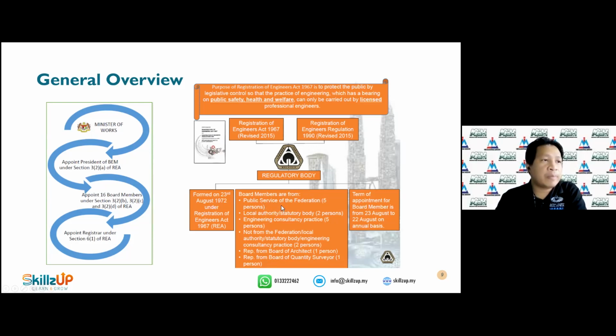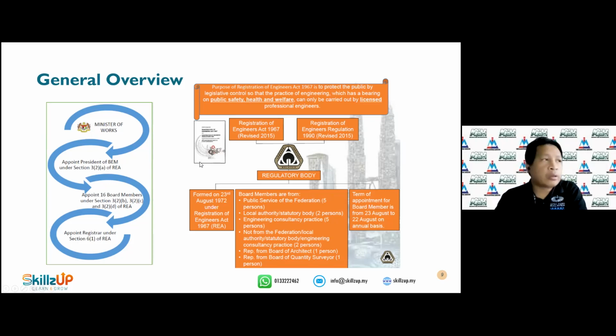For example, from the public service, local authority, engineering consultancy practices, federations or engineering societies or practice firms, one representative from the Board of Architects as well as one representative from quantity surveyors.